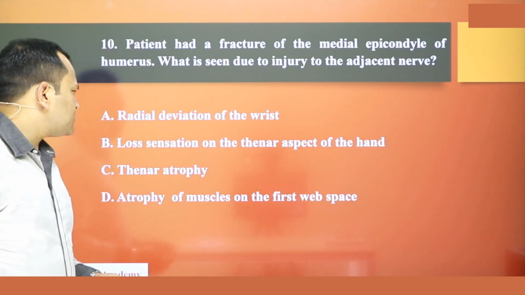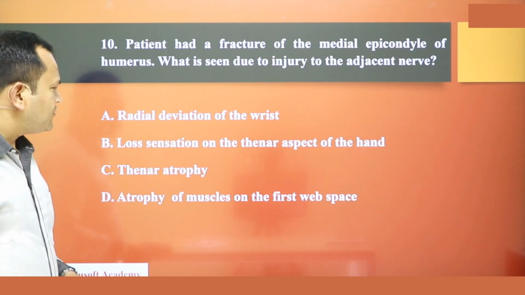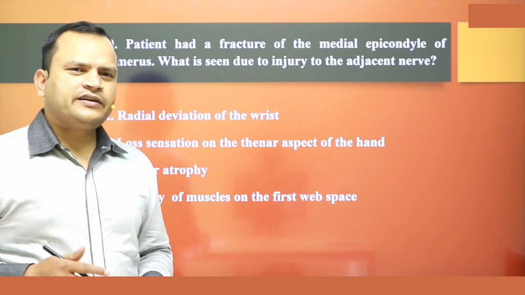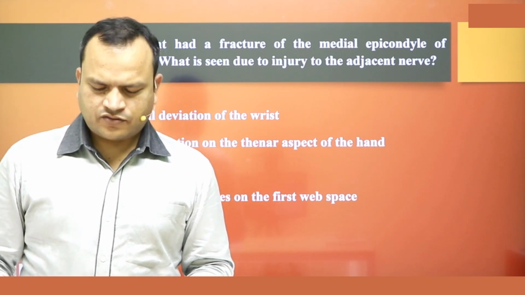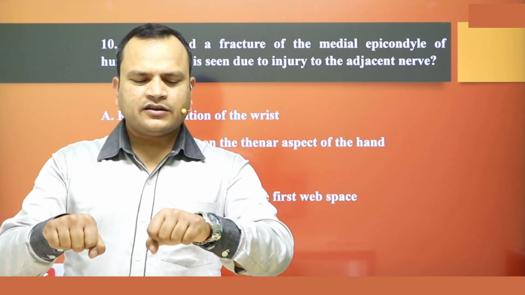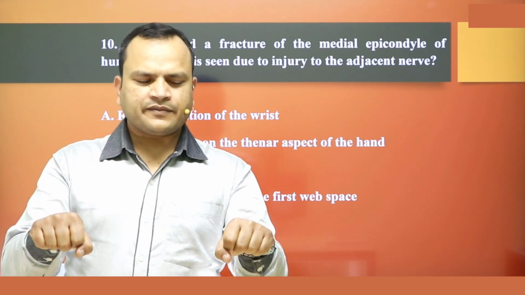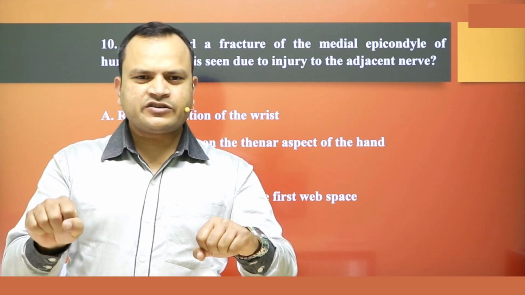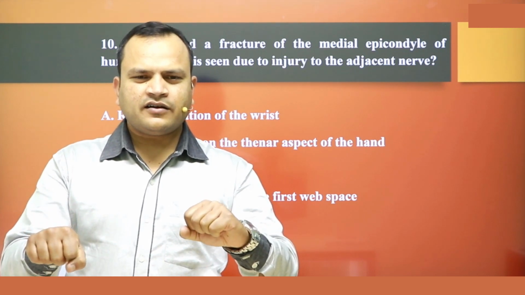The first option is radial deviation of the wrist. If you see the radial deviation of the wrist, I can show you. If you see my left hand, the radial deviation is like this. This is the neutral wrist movement. This is the radial deviation.